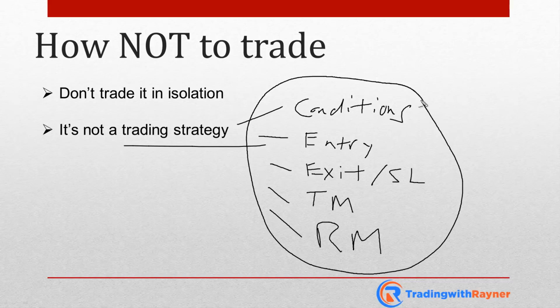If you ask me, what it can offer is possibly just the entry trigger and part of the conditions of a trading strategy. Exit maybe, that is a possibility as well, but you can see that it definitely will not fulfill these five important elements that you see over here. So a candlestick pattern is not a trading strategy.